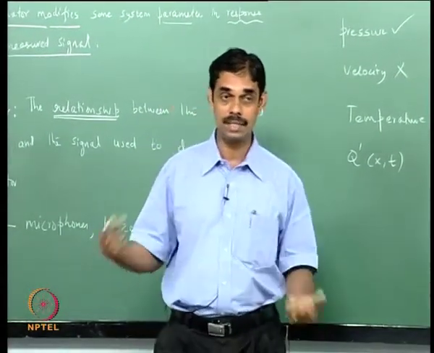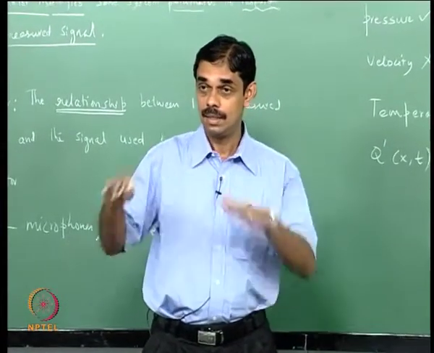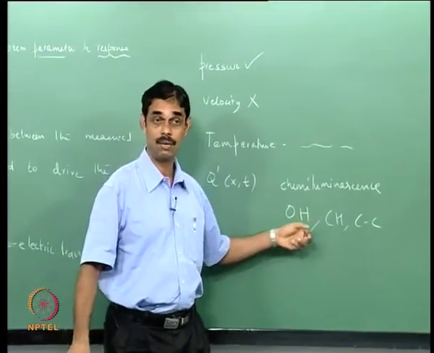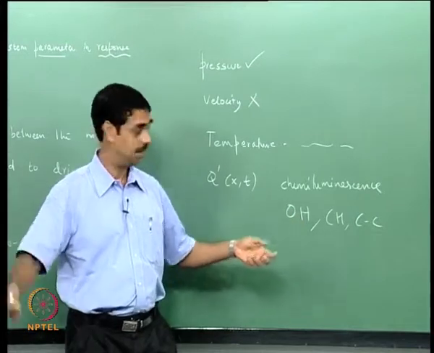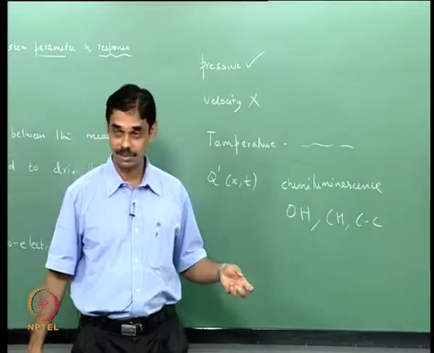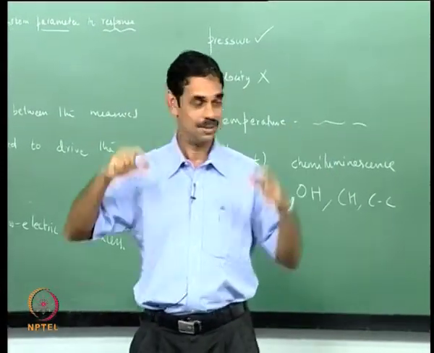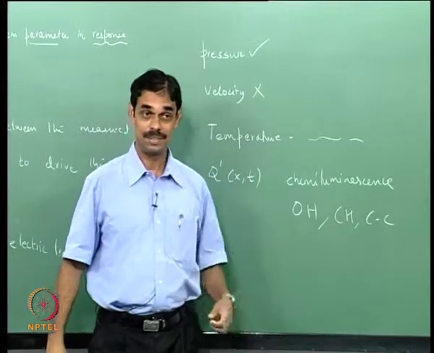In the places where reactions predominantly happen, there will be activated species which occur only in those places, like OH, CH and C2. So we look for that. How do you look for that, and how do you not see the rest? Yeah, filter. I am reminded of Swami Vivekananda's quote: if you wear blue glasses, you will see the world as blue. So if you wear blue glasses, you will see CH, so the world as CH.